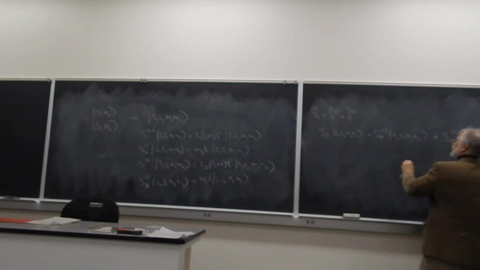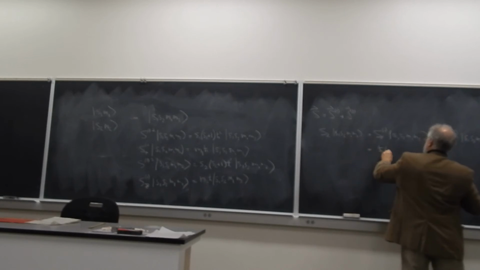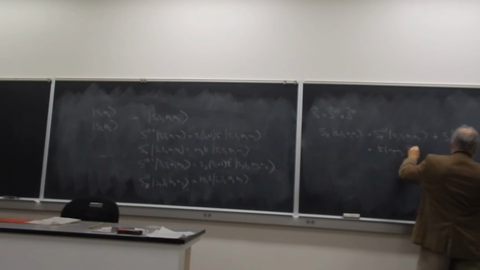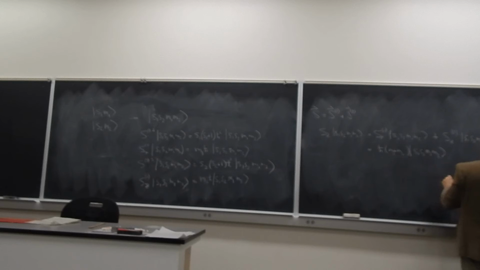And I could write that as h bar (M1 plus M2) times S1, S2, M1, M2, which I could write then as h bar M, S1, S2, M1, M2, where M we're just calling M1 plus M2. So M is just a simple sum.